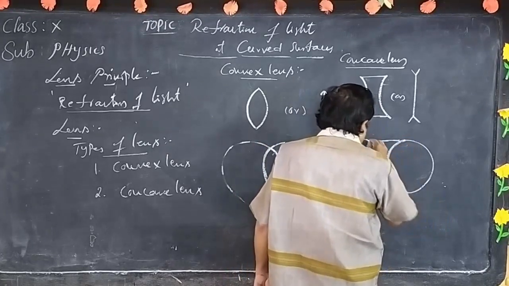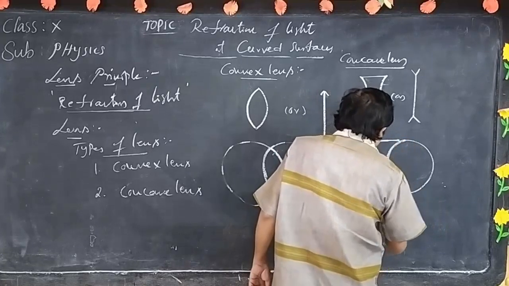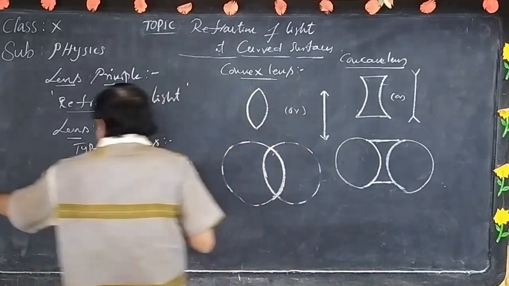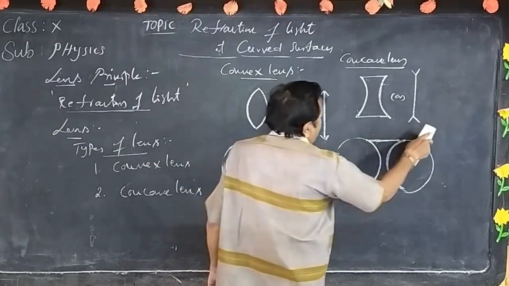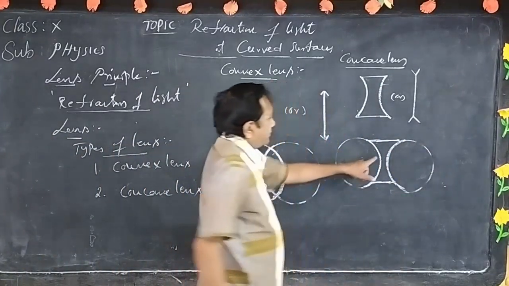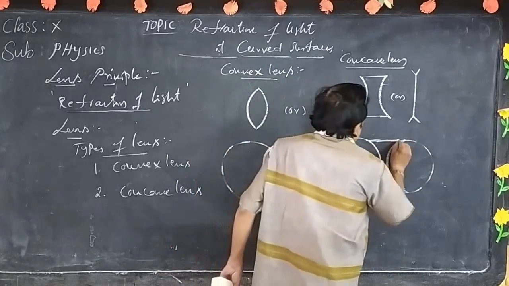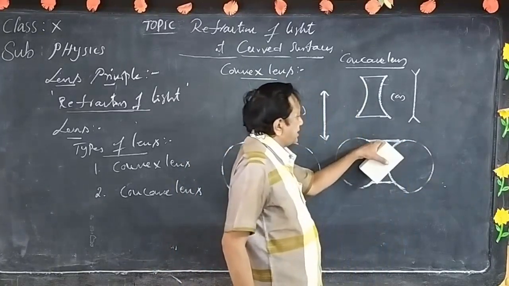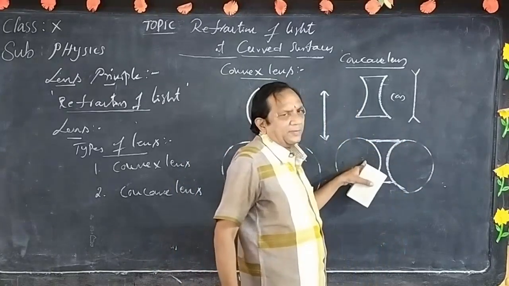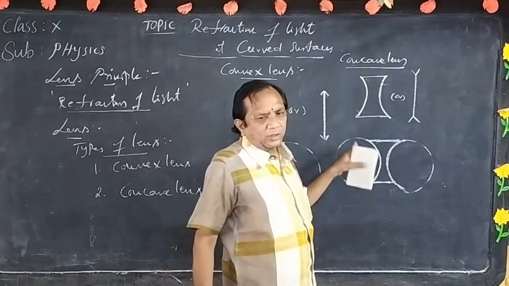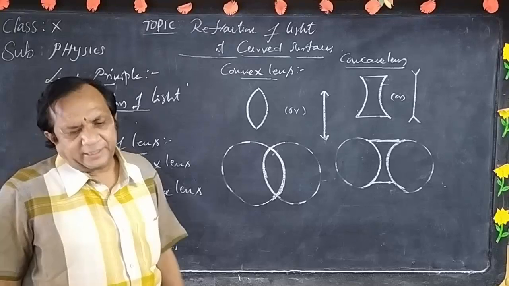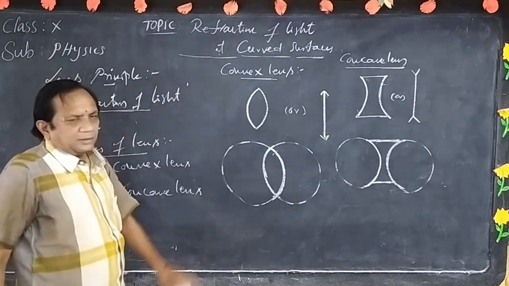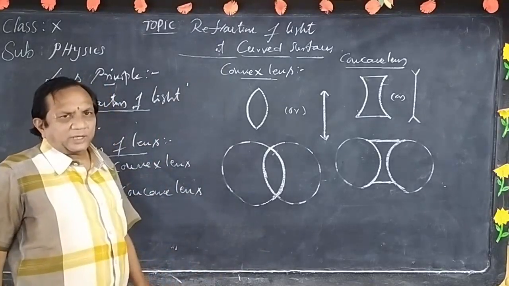Here, edges will be thicker and the center part will be lean. Make the rest of the part with dotted lines, then we get the lens. So this is said to be the concave lens. Edges will be thicker and the center very lean. Okay, so these two lenses are very important.